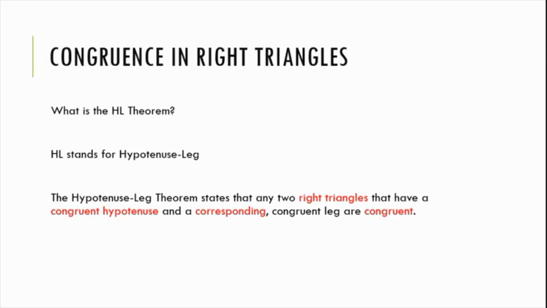The hypotenuse leg theorem states that any two right triangles that have a congruent hypotenuse and a corresponding congruent leg are congruent.